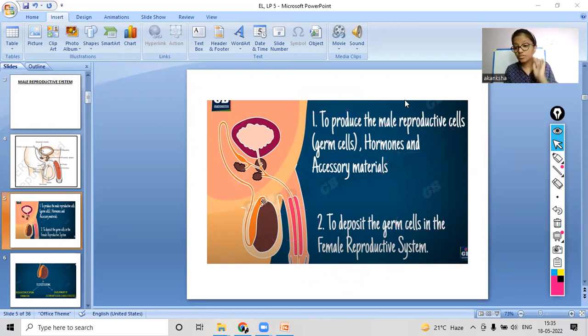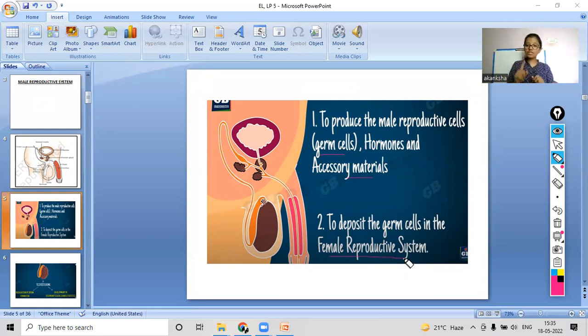The first point is to produce the male reproductive cells like germ cells or sperms, hormones and accessory materials, and to deposit the germ cells in the female reproductive system. These are the two main functions of the male reproductive system.